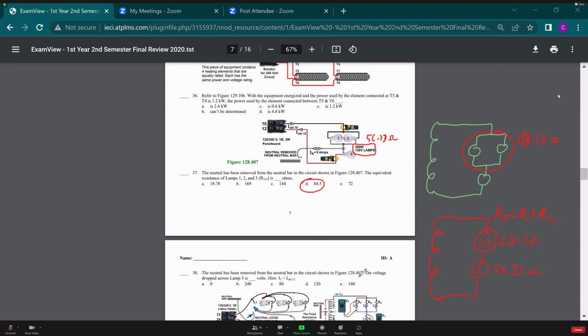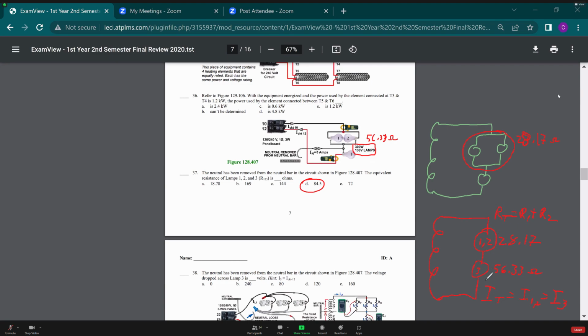The neutral has been removed, and in the figure above, voltage dropped across lamp 3 is blank, right? So voltage dropped across circuit number 3 here. If we have this final schematic in series, I know that I total equals I1, 2 equals I3 for this diagram here.